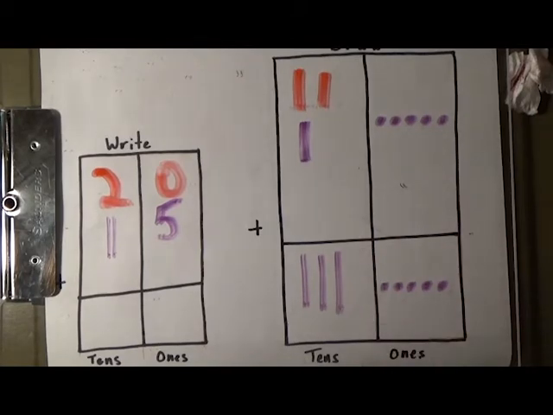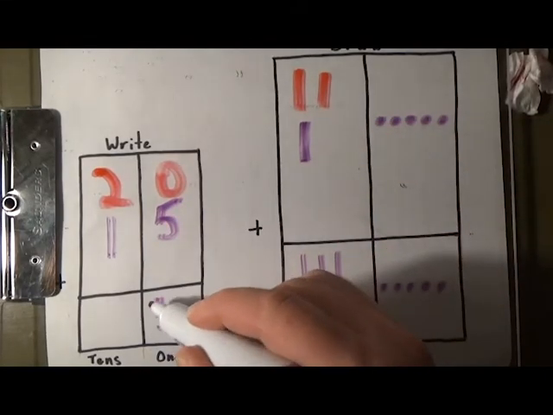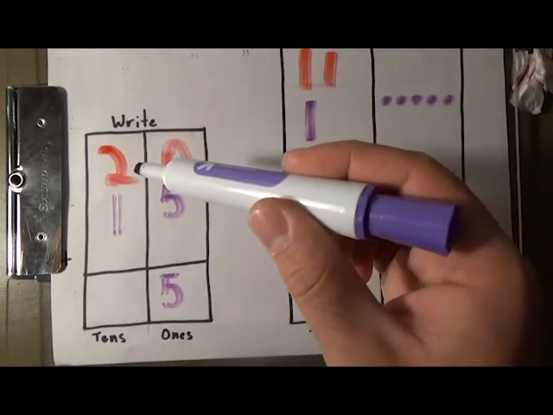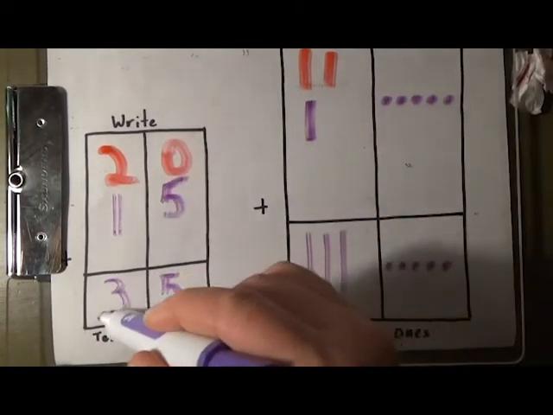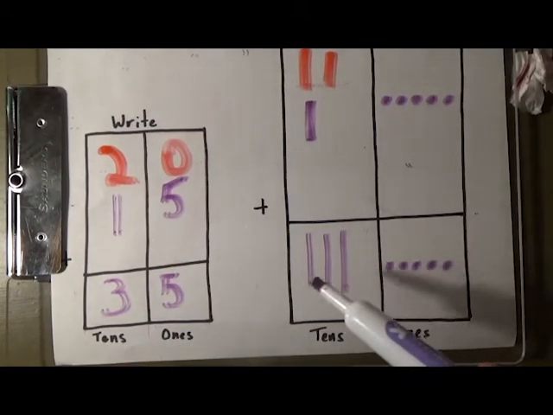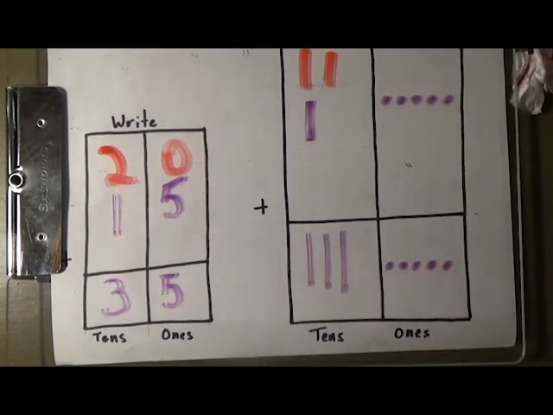So 3 tens and 5 ones. Let's check it out over here. So 0 plus 5, of course, leaves 5. And then we have 2 plus 1 is 3. So we have 3 tens and 5 ones, the same we have over here, which gives us 35. Great.